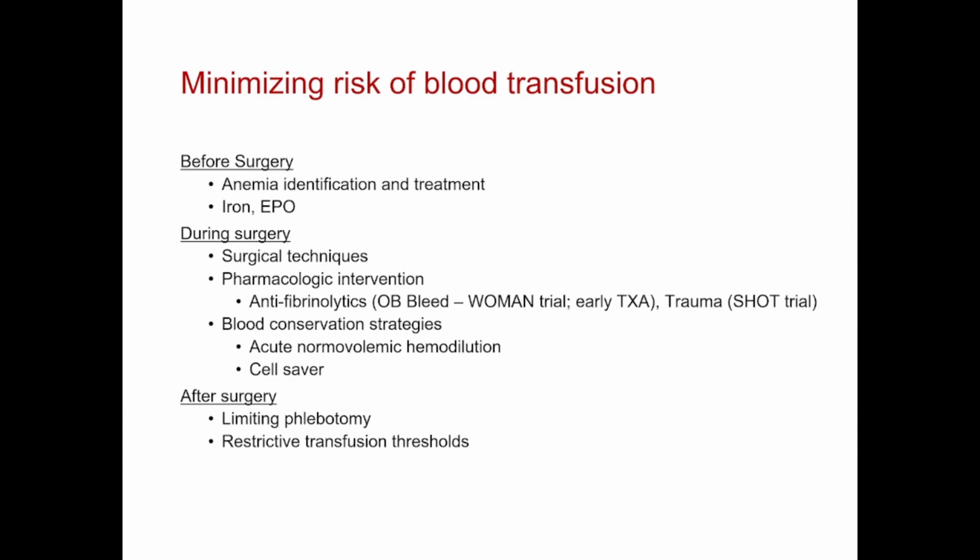And if there's an OB bleed, you could use early TXA. For trauma, you could look at the SHOT trial. There are also blood conservation strategies like cell saver and acute normovolemic hemodilution. After surgery, limit phlebotomy.